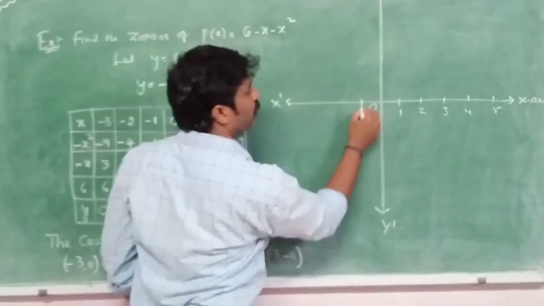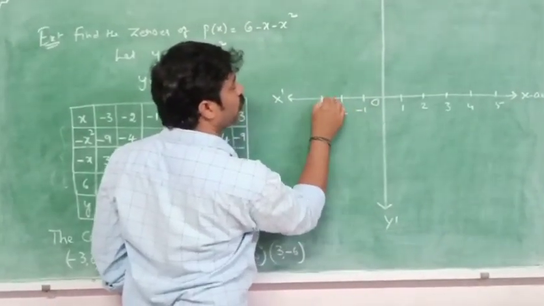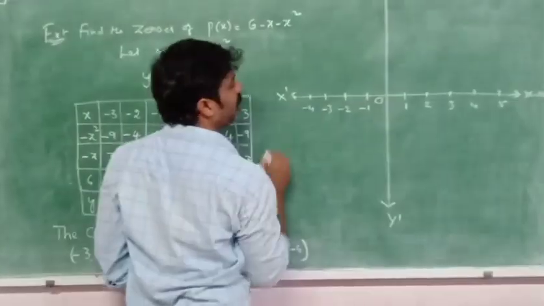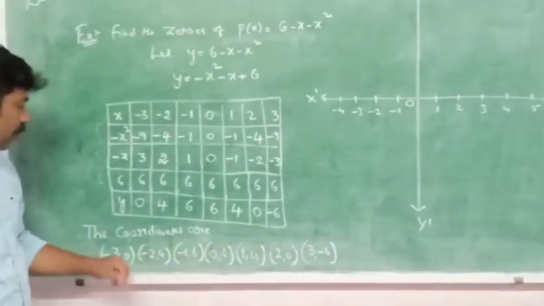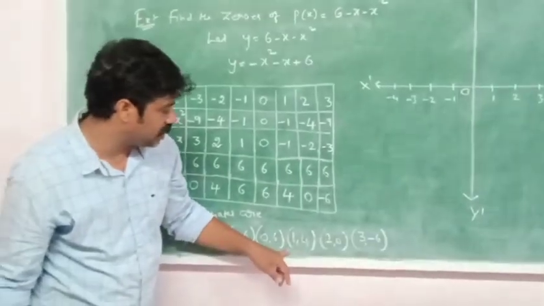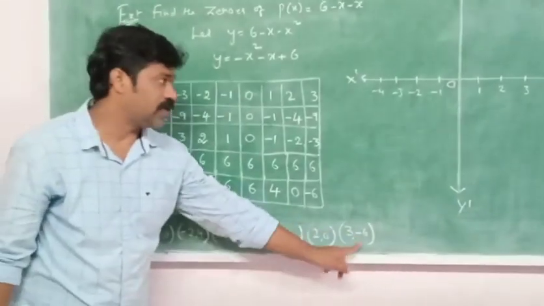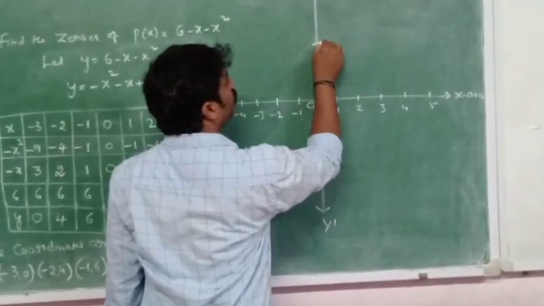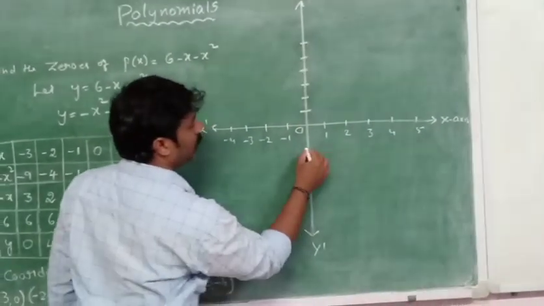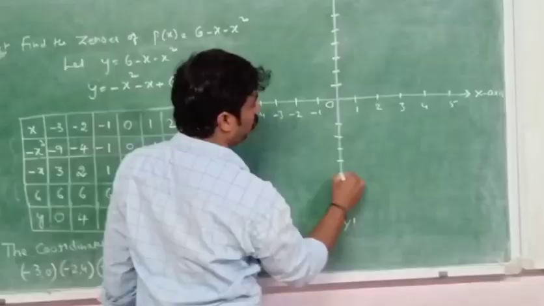Similarly, negative: minus 1, minus 2, minus 3, minus 4, and we can take up to minus 4. Then on the y-axis, the highest value is 6 and the negative value is also 6. So we can take here 1, 2, 3, 4, 5, 6, and here 1, 2, 3, 4, 5, 6.